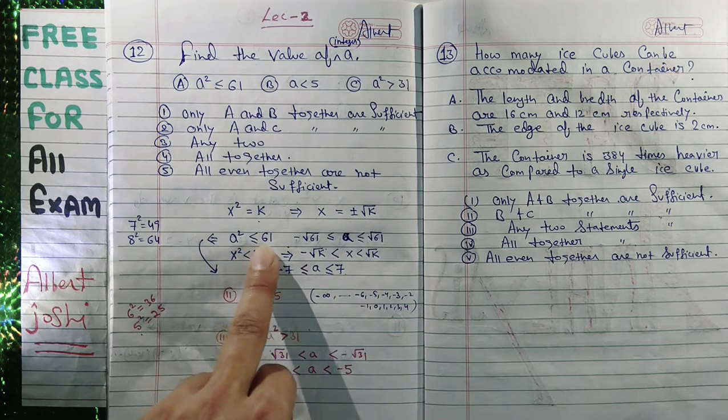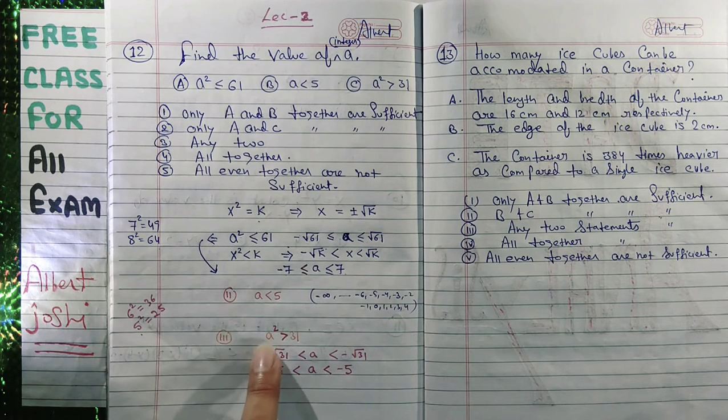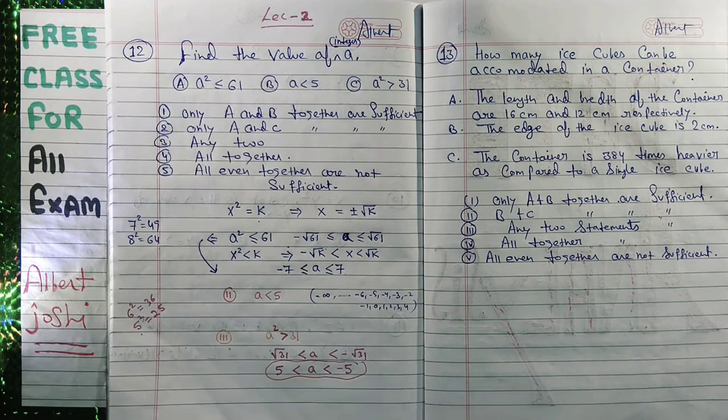Okay, so a square greater than 31 means a is less than minus square root of 31 or greater than square root of 31. So the integer values of a lie outside the range from minus 5 to 5.